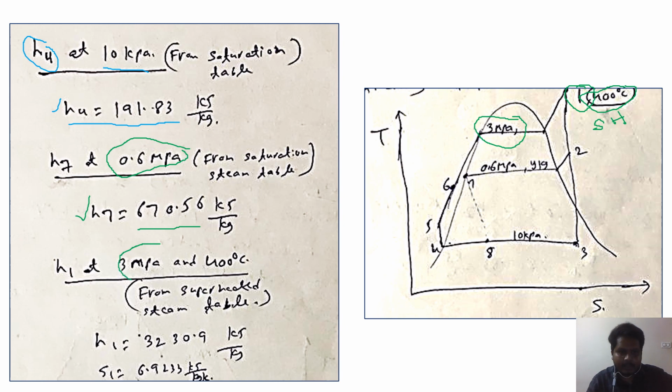At 3 megapascal and 400 degrees centigrade, if you refer the superheated steam table, we can get the enthalpy at point 1, that is 3230.9 kilojoule per kg. Entropy S1 is 6.9233 kilojoule per kg. Since the point 1 is in the superheated region, here we have referred superheated steam table.